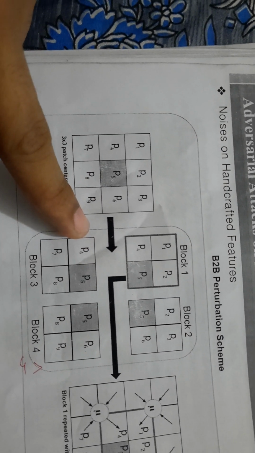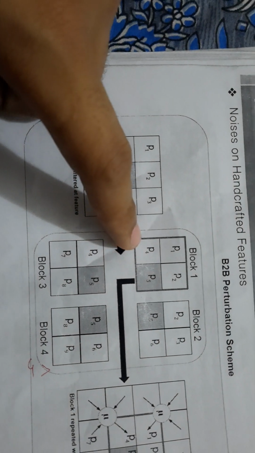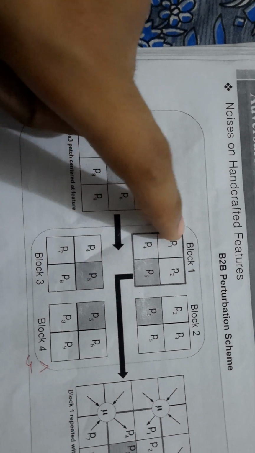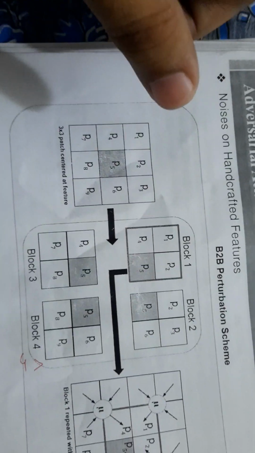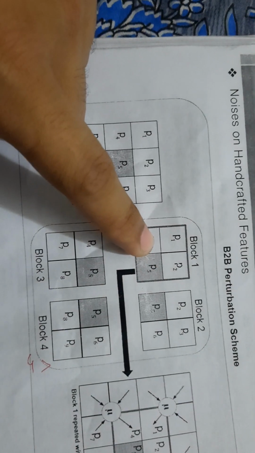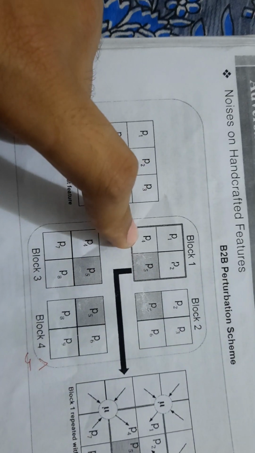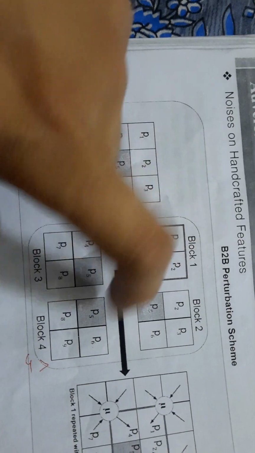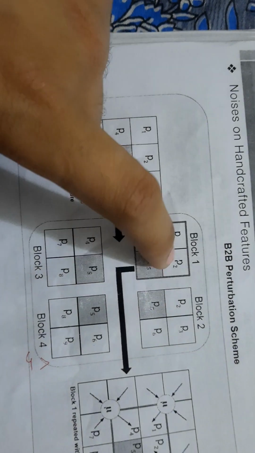Now I will add noise only to those blocks in which the difference is greater than the threshold I have decided. Let's say here it was 20 and 30. Now I will add noise in this block and this block. As you're seeing, the pixels are repeating in both blocks.